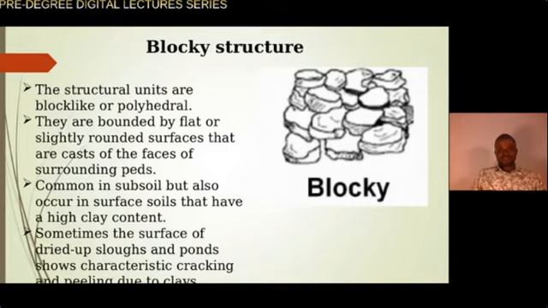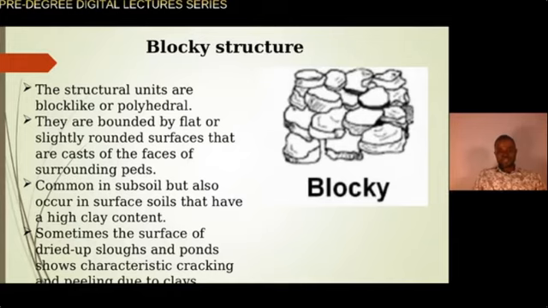We have the blocky structure. In this structure, the units are block-like or polyhedral. They are bounded by flat or slightly rounded surfaces that are cast of faces of surrounding peds. It's common in subsoil. It can also occur in surface soils that have high clay content.